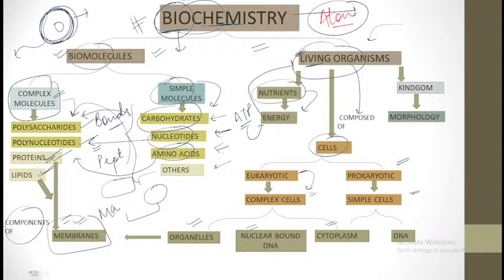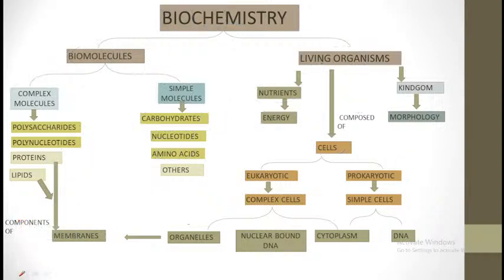Now see, if I give you a simple example, if you start off with the unit without any background, you will be learning that we have amino acids, nucleotides, carbohydrates, and you start reading about them. Then what happens? You will understand the concept for sure, but you won't be able to interlink them.